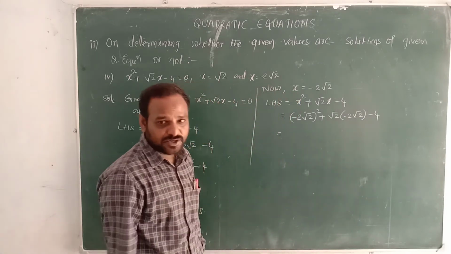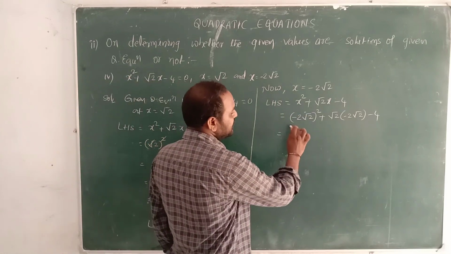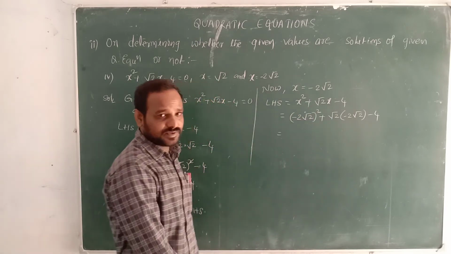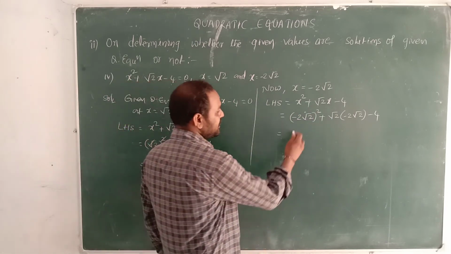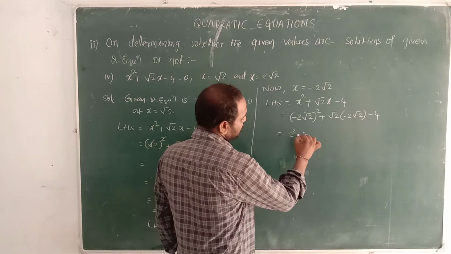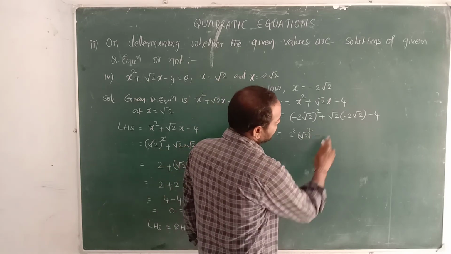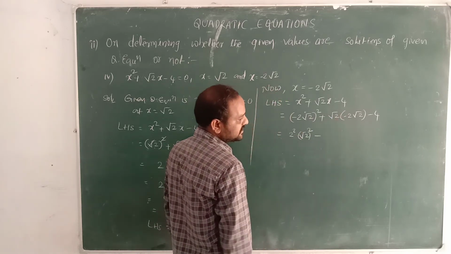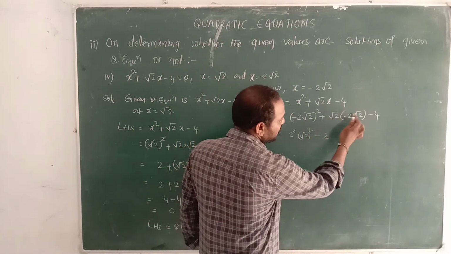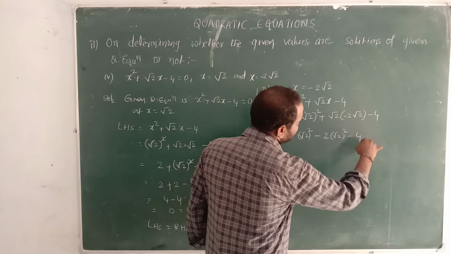So here by doing squaring, how much you will get? Minus becomes plus, because here the power is an even number. So that is why 2 square into root 2 square. Plus of minus, what it becomes? Minus. Plus of minus is minus. 2 into root 2 into root 2 whole square, minus 4.